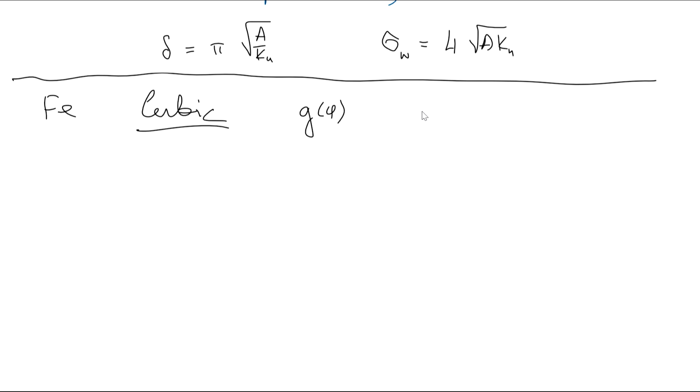So for iron, the resulting solution would be A over K cubic, logarithm of tangent phi, and the domain wall energy would be for A K cubic.